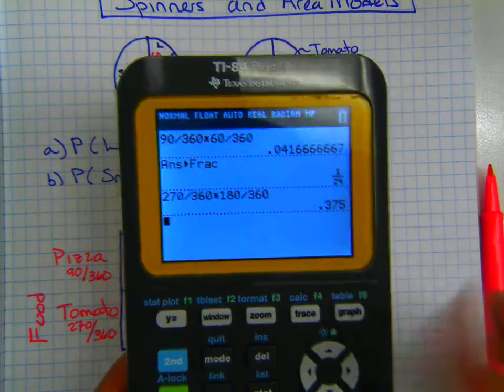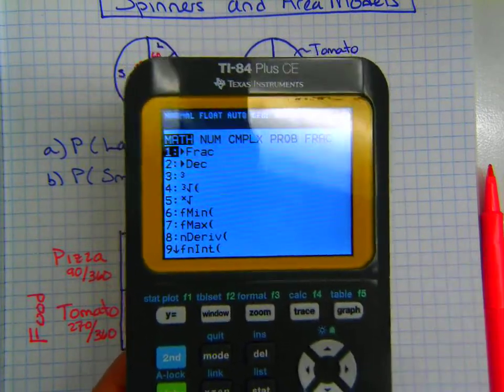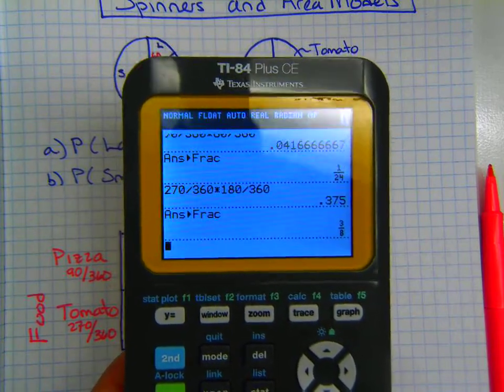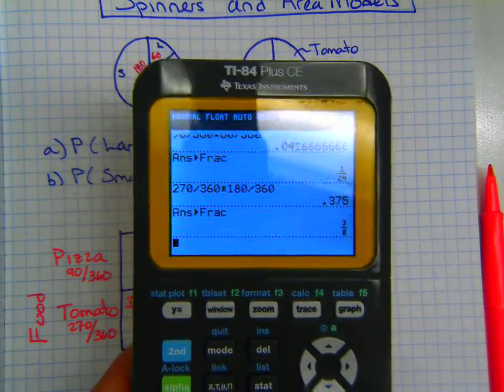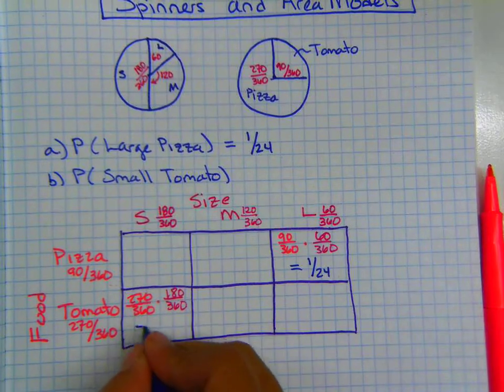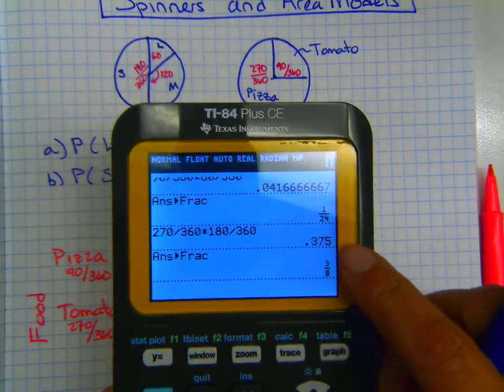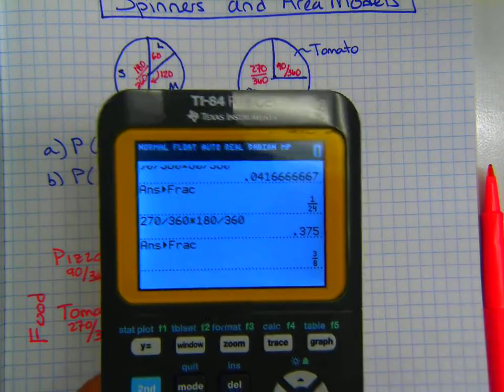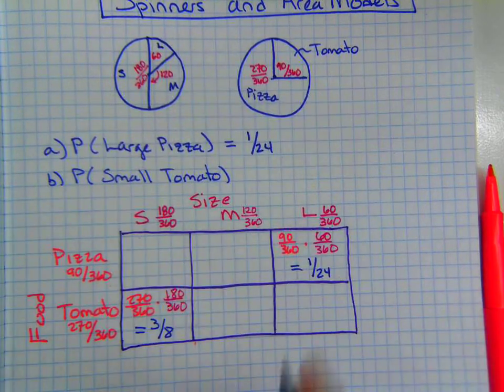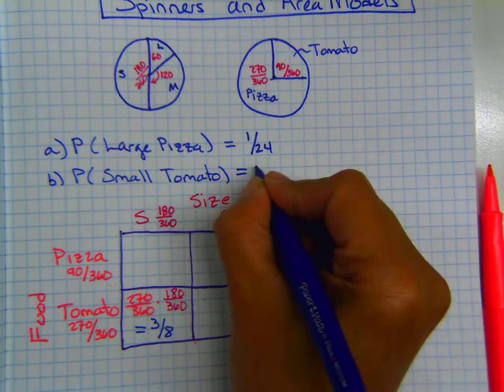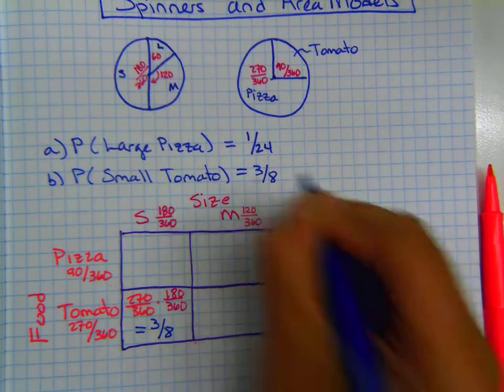I get a decimal. I'm going to hit Math, Enter, Enter, and it's going to convert to 3 out of 8. So unfortunately, there's a better chance of me getting a small tomato. There's a 38% chance of that happening, but the probability of that is 3 out of 8.